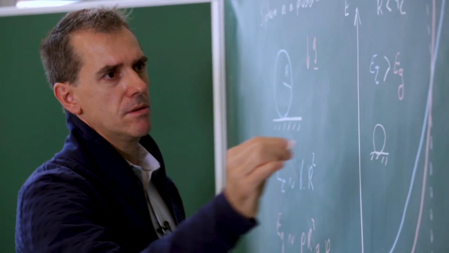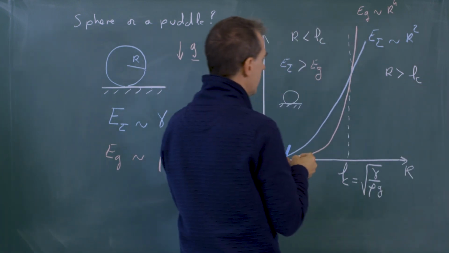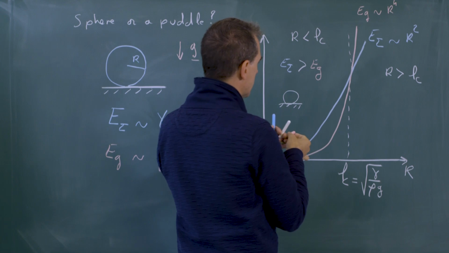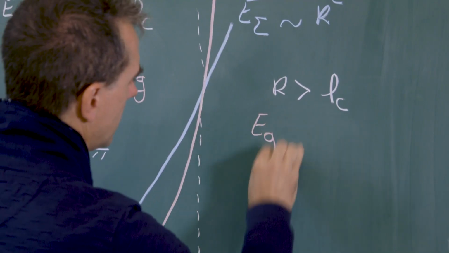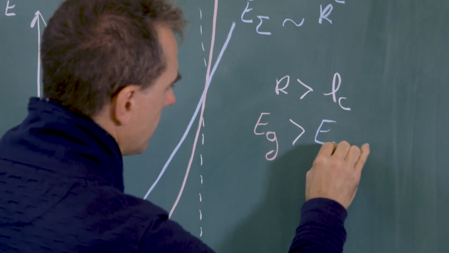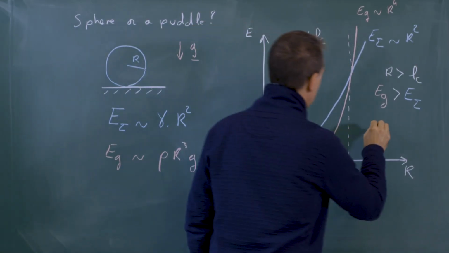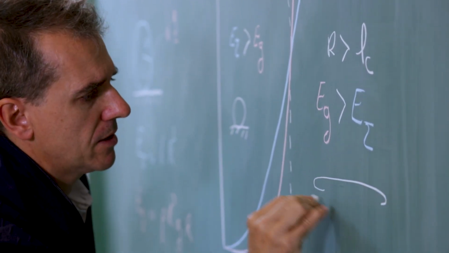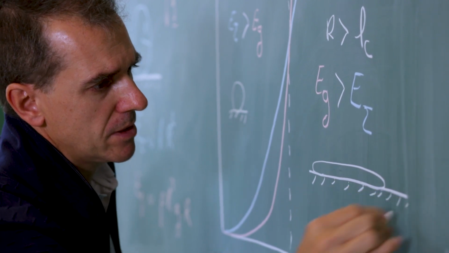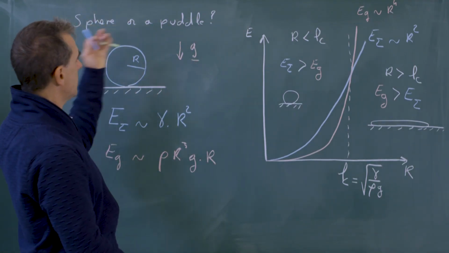On the other region, when the radius becomes larger than the capillary length, then it is the opposite. So the pink is over the blue, and so we expect gravity to dominate capillarity, and then the flattening by gravity should take the lead over the sphericity imposed by the minimization of the surface.